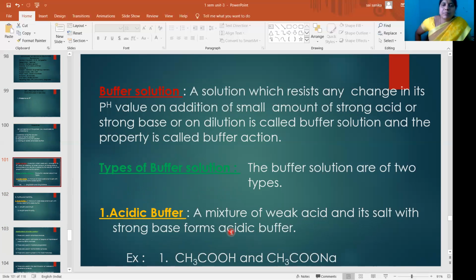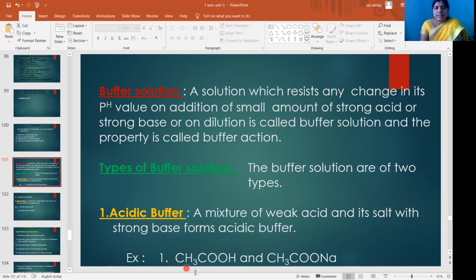So it is a mixture of weak acid and its salt. How will the salt be formed? When the weak acid combines with a strong base, you get one salt. That mixture of weak acid and its salt is called acidic buffer.